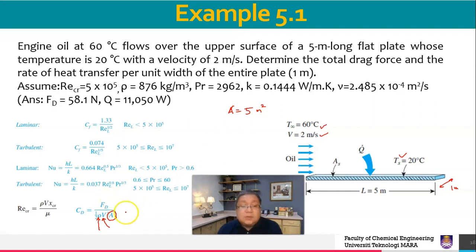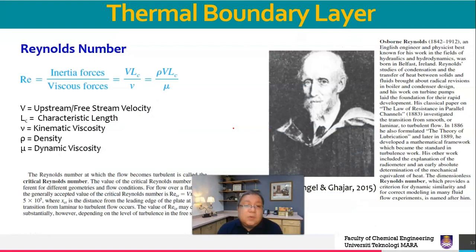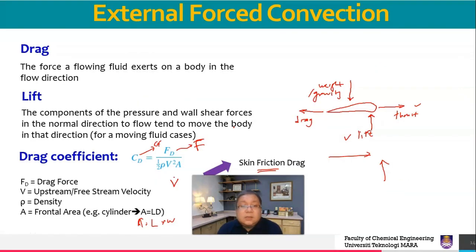So what you can do is just determine the Reynolds number. Number 1, you have to determine the Reynolds number. How to compute the Reynolds number? You just follow this equation, V L over nu.